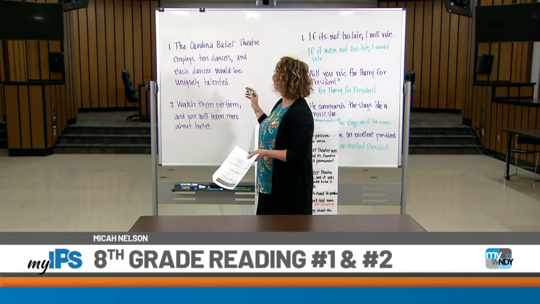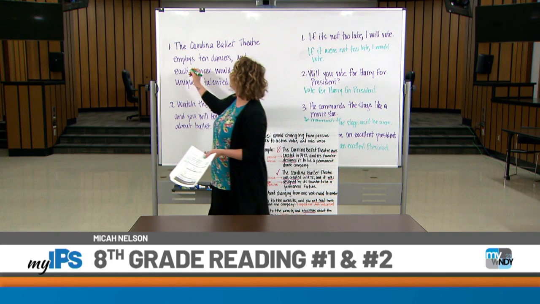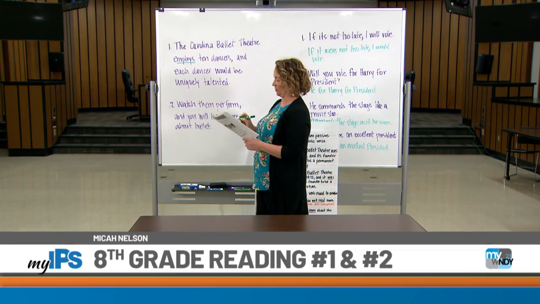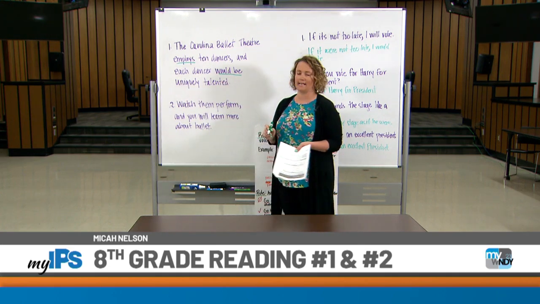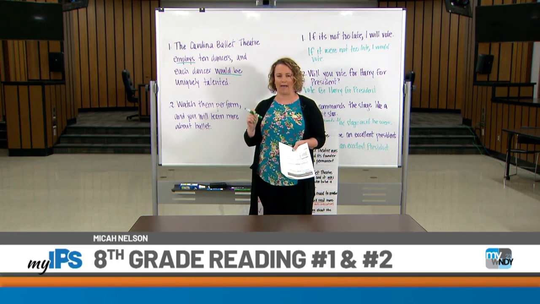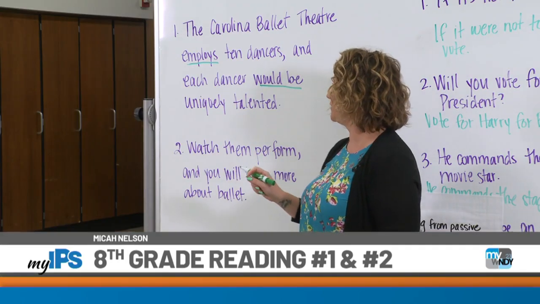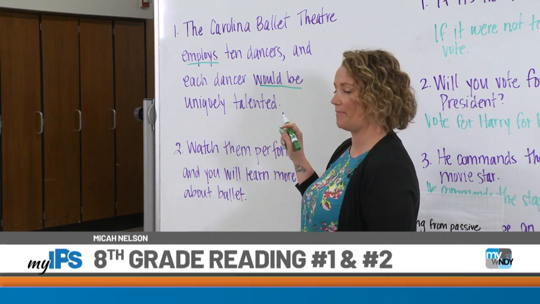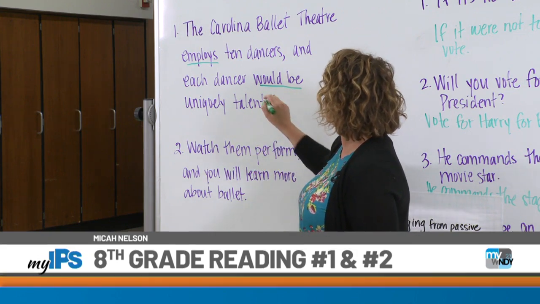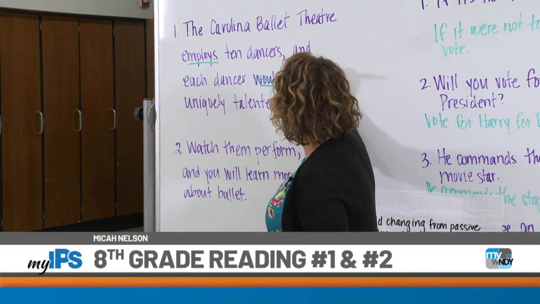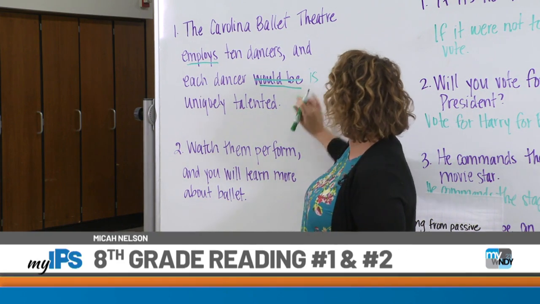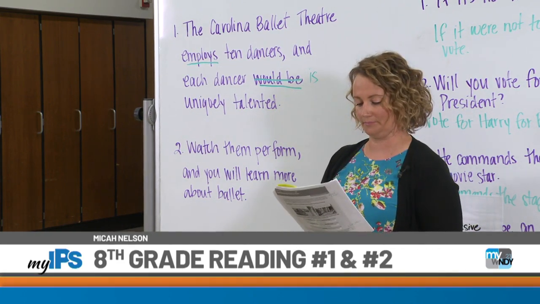We've got our verbs. It employs 10 dancers, and each dancer would be uniquely talented. But those don't match. So we have to figure out how to make them match. In order to make this a correct sentence, instead of would be we would say is. Each dancer is uniquely talented.